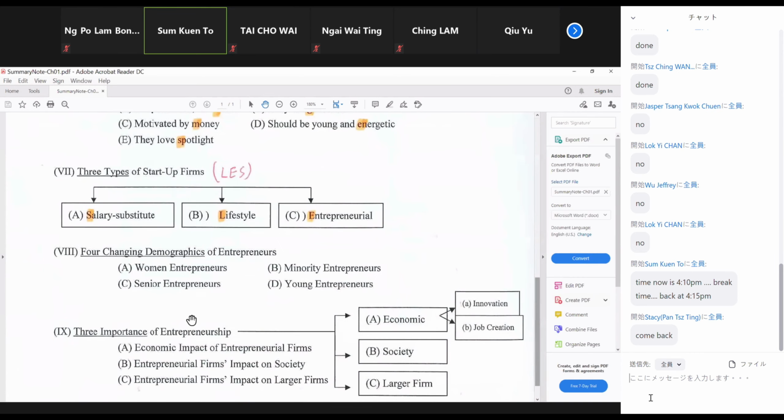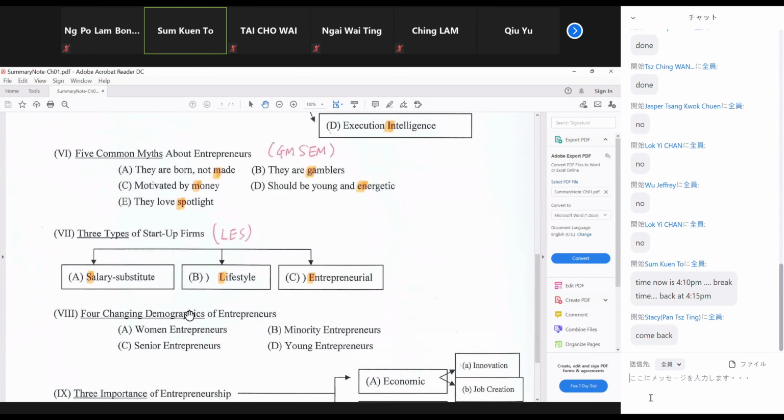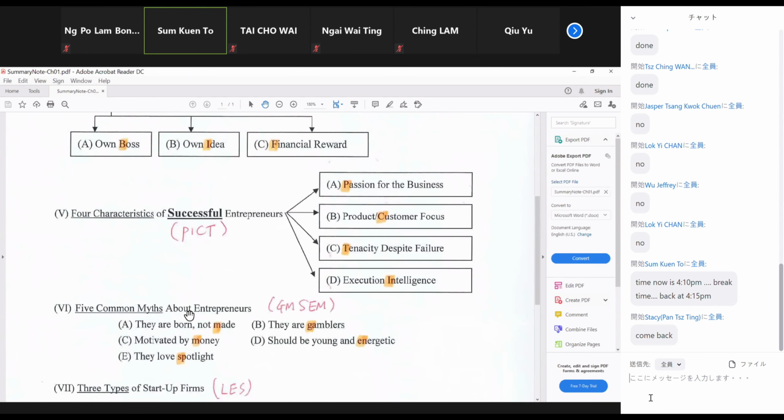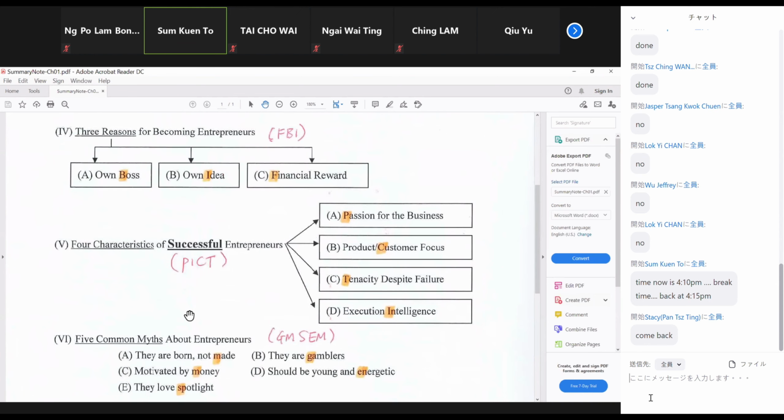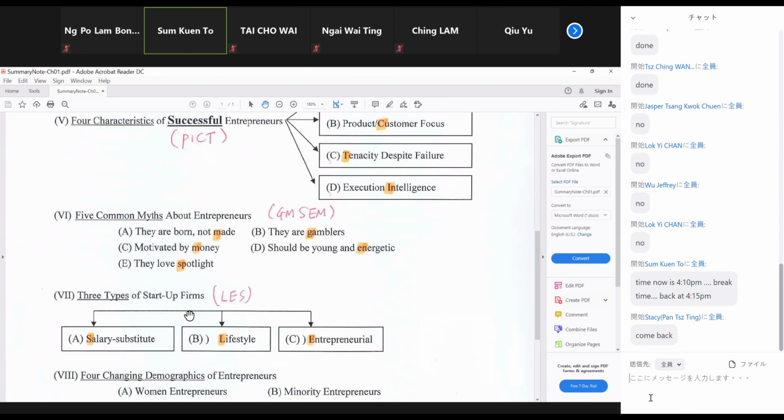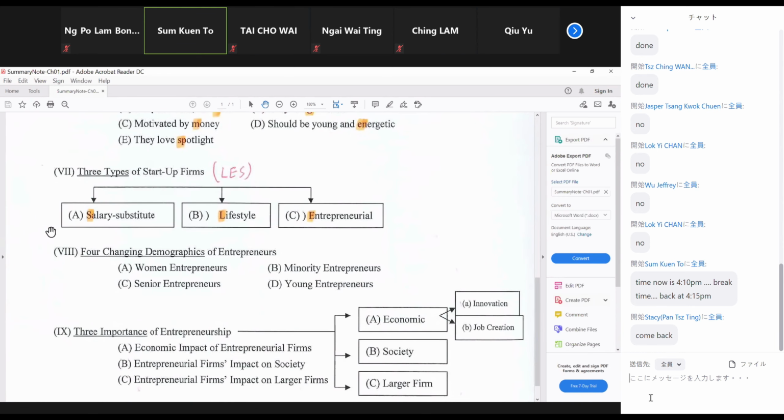We have a total of 9 topics for chapter one, and the key one will be the middle one, talking about the FBI, PICT, GNSAM. And then we finished item 6 last week so that we can move on with the remaining 3 items. The summary note helps you understand a little bit better.